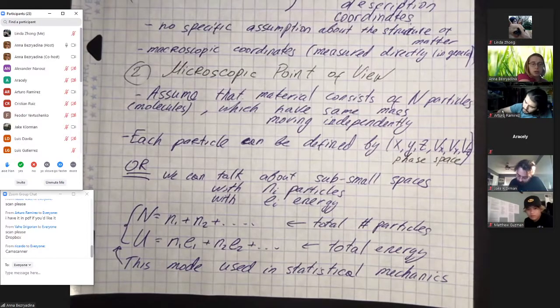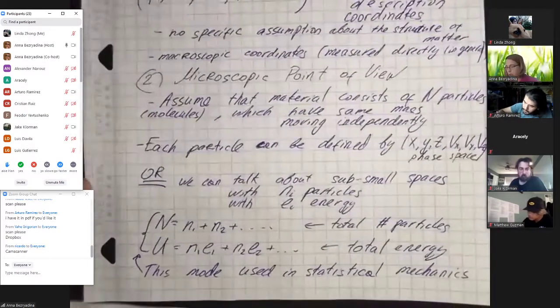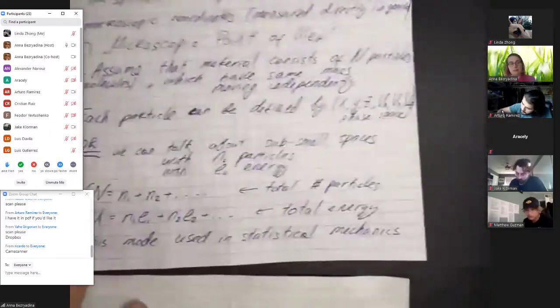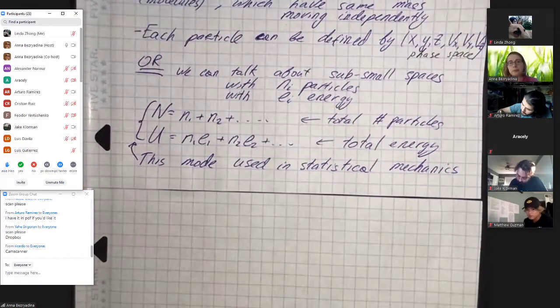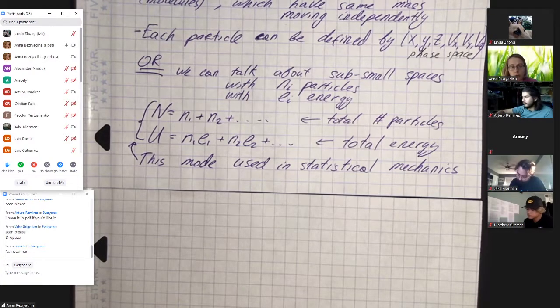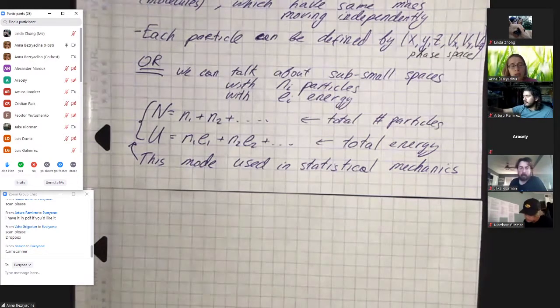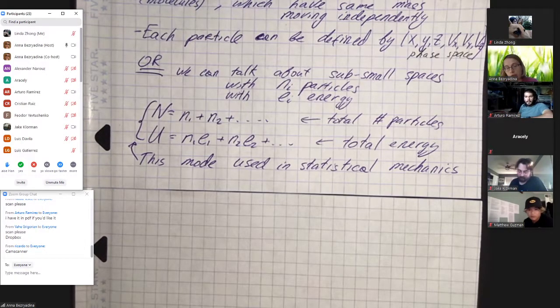Okay. So when we use a macroscopic point of view, we don't care how the matter is made of. Now we need to make assumptions concerning the structure of the matter consisting of molecules. At this point, we care how it's made of.